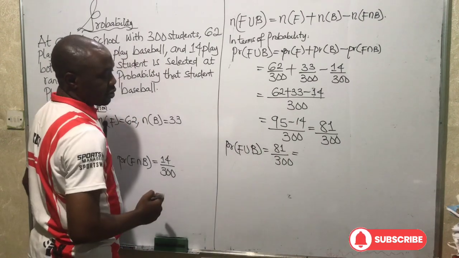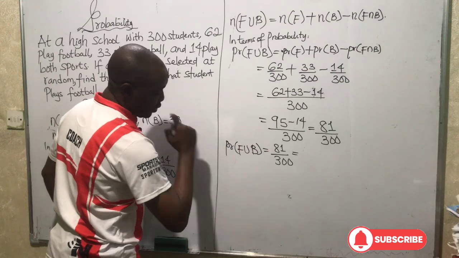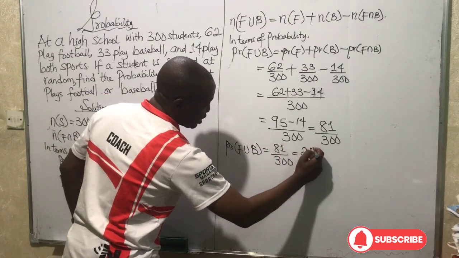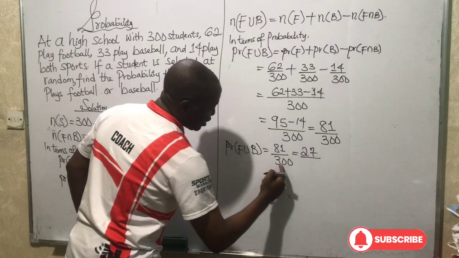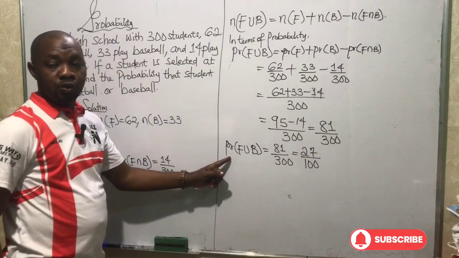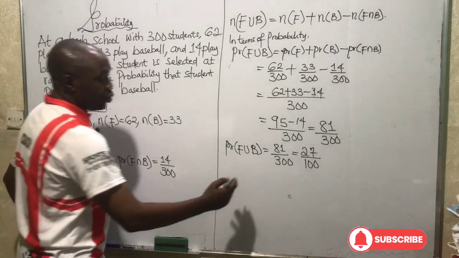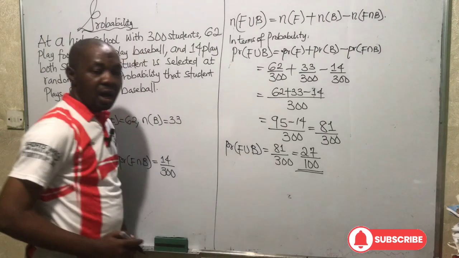Now we can reduce this. Dividing the numerator by 3 gives 27, and dividing the denominator by 3 gives 100. So the probability of students who play football or baseball is 27 out of 100.